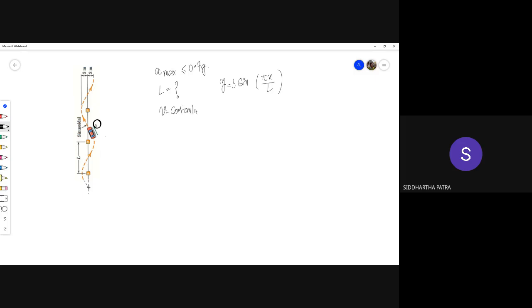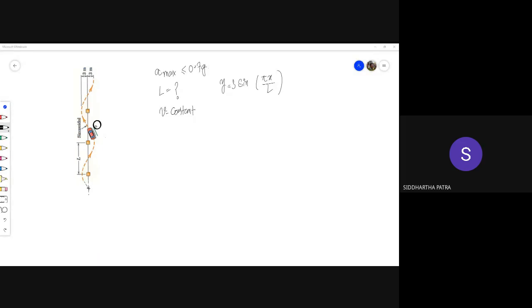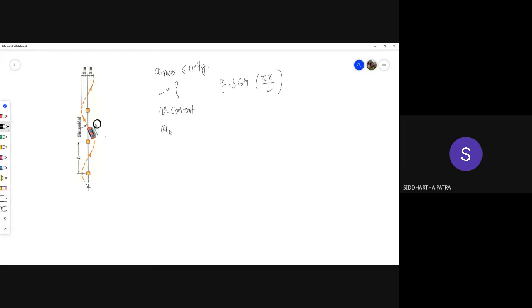Now can you tell me where would you encounter maximum acceleration? If v is constant, so there is no at. At equals v dot is 0.